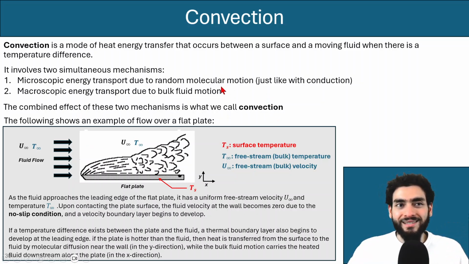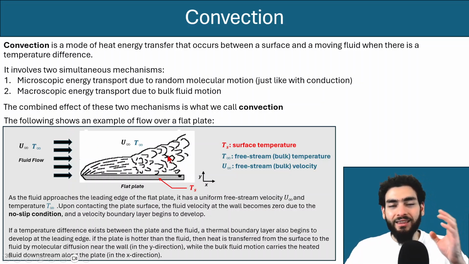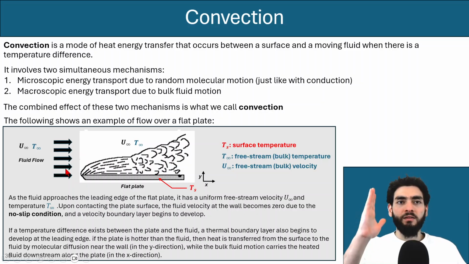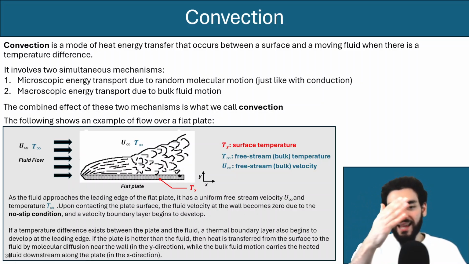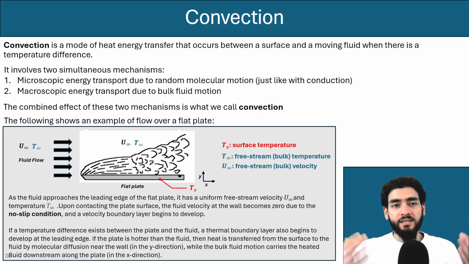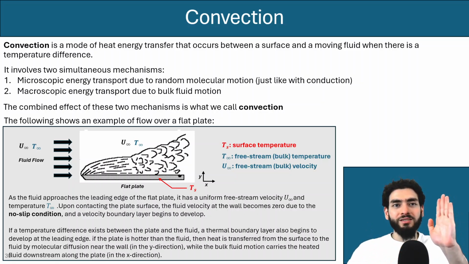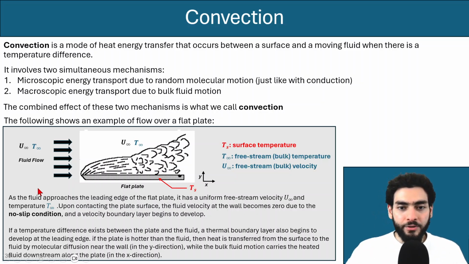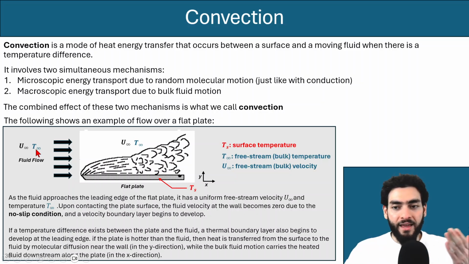Now, let me explain that with this example. You might be familiar with this drawing, because whenever we talk about convection, there's usually some kind of analogy we use to describe what's going on. Let's assume you have fluid flowing, and these arrows represent the velocity of the fluid flowing over this flat plate. Before it reaches the plate, let's say this is air or water, the velocity is constant, and the temperature is T infinity, constant, say room temperature.